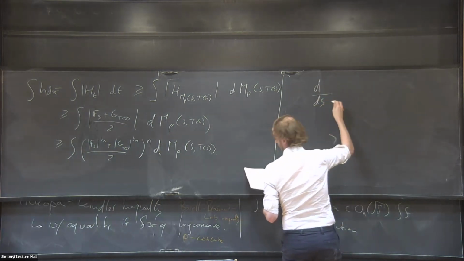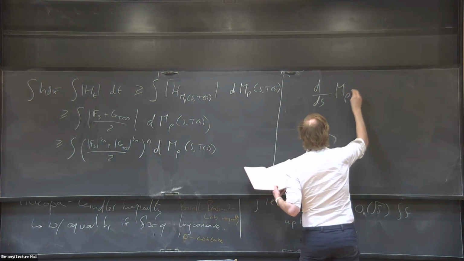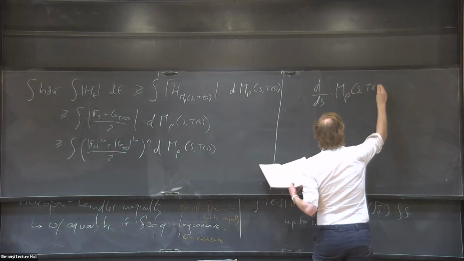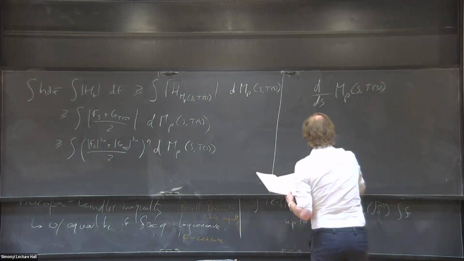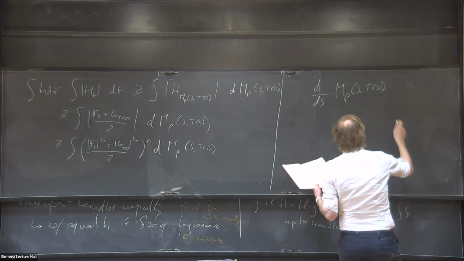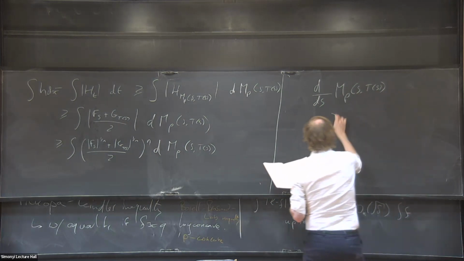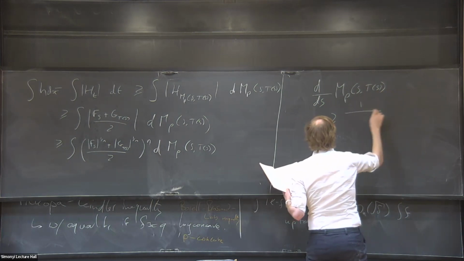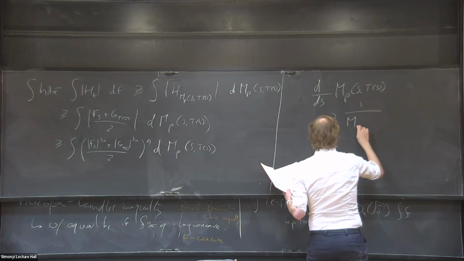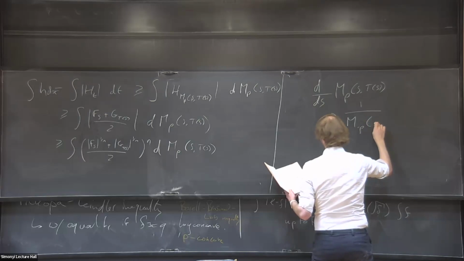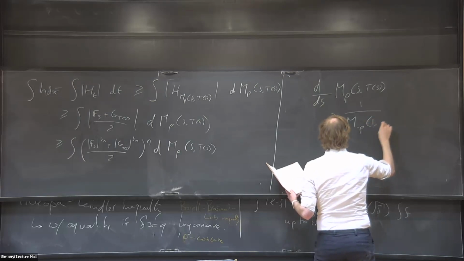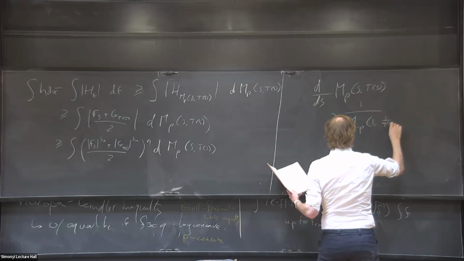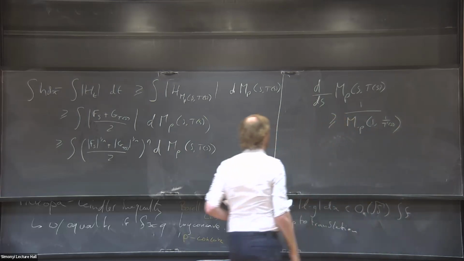So let's consider the derivative of this thing, P as a function of T of s. And if you do, you can see that this is in fact 1 over minus p of 1 over T prime of s.